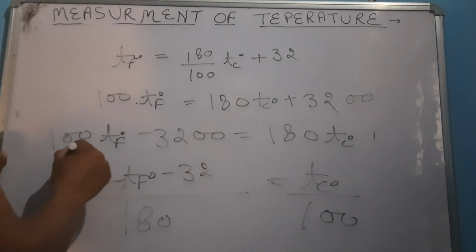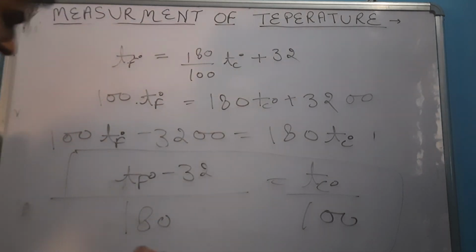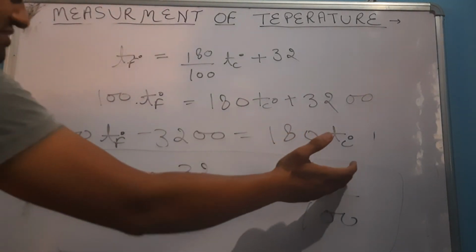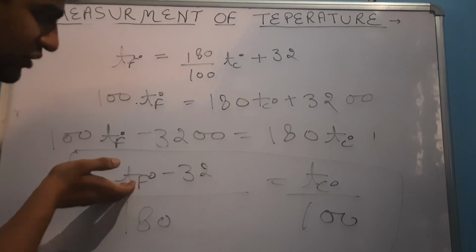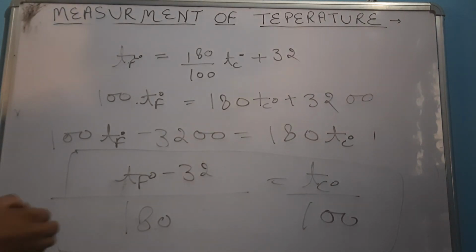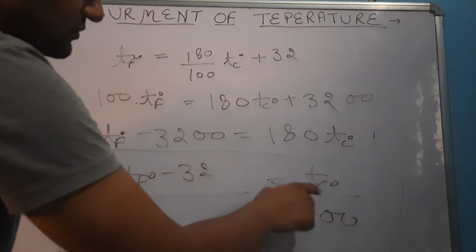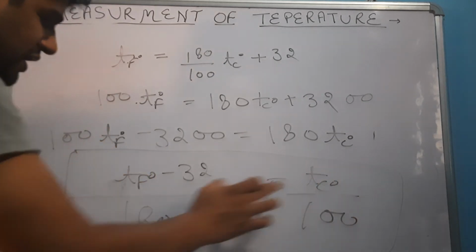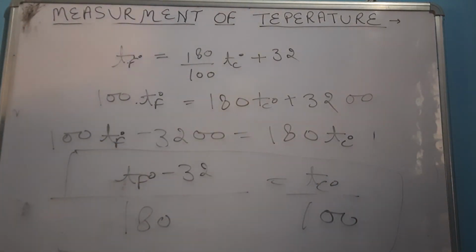So this is the relation between the Fahrenheit scale and the Celsius scale. If the temperature is given in Fahrenheit and we want to convert it to Celsius, then we put the value here and our temperature will come in Celsius. And if we want to reverse, then we take the temperature in the Celsius scale here and we will find the temperature in degrees Fahrenheit.